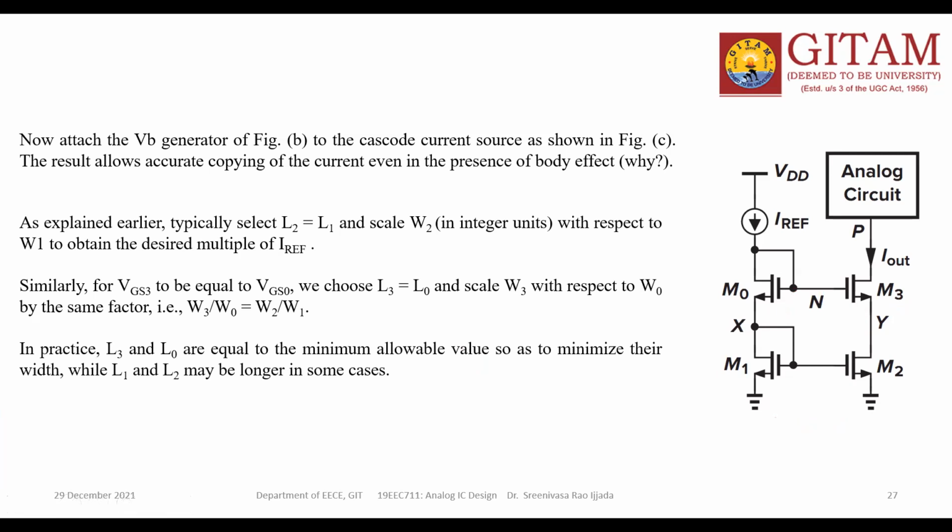In practice, L3 and L0 are equal to the minimum allowable value so as to minimize their width, while L1 and L2 may be longer in some cases.